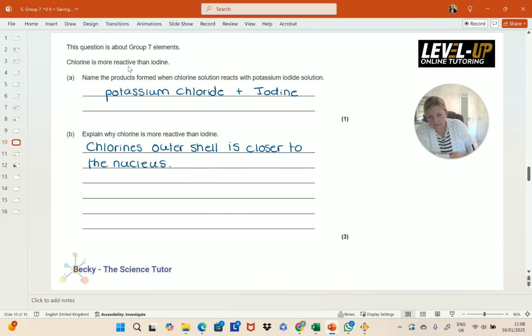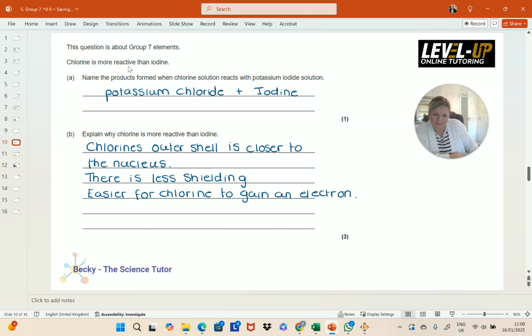Okay. There is less shielding. Marking point number 2. And therefore it's easier for chlorine to gain an electron. And that's for marking point number 3.